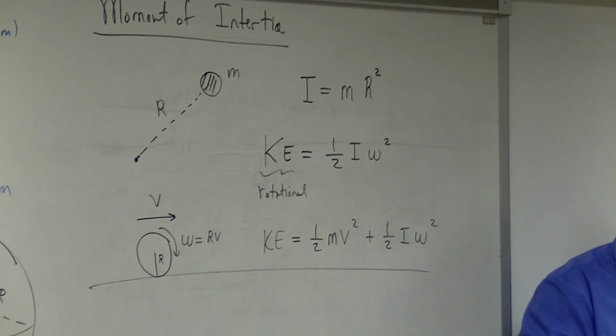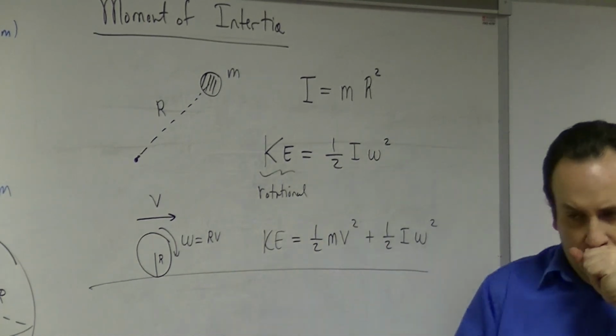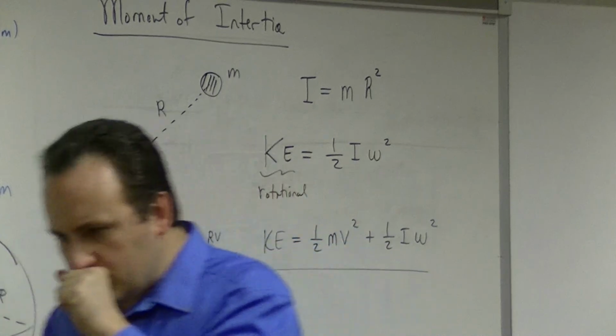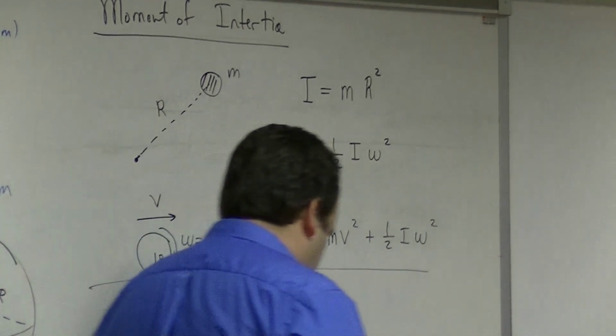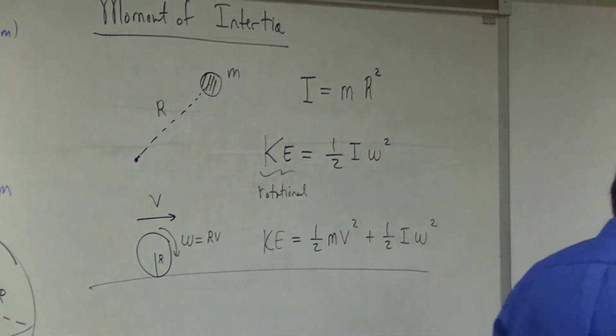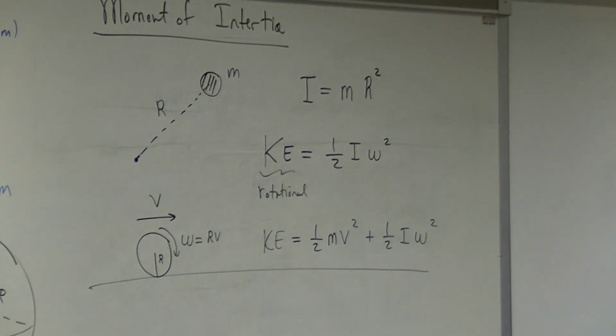This may be a slightly silly question. Can we still work with concepts like work equals the change in kinetic energy in rotational motion? It turns out what we're going to derive is that for a system of particles, if the net torque on the system is zero, then angular momentum is conserved.